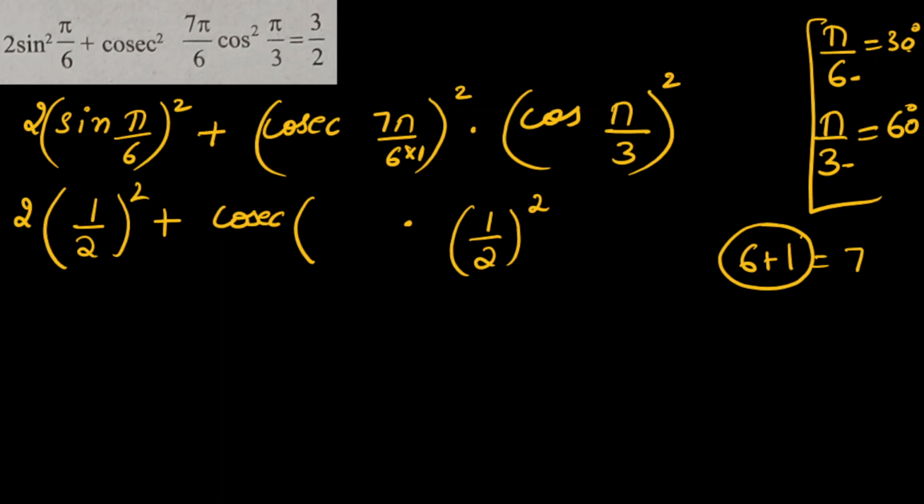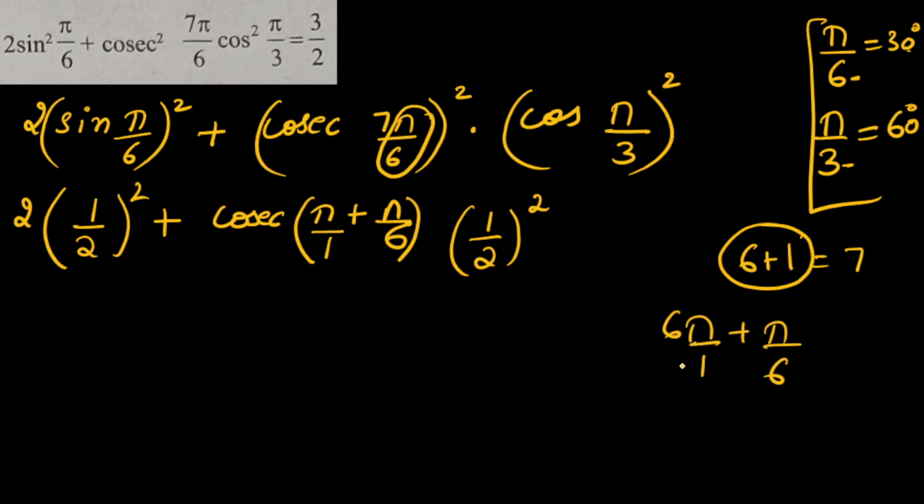This process I have explained to you. Here we will not write 7 pi; we will write pi plus pi by 6. Why did we write pi? Because when we take its LCM, pi plus pi by 6 becomes 6 pi plus pi, which is actually equal to 7 pi by 6.